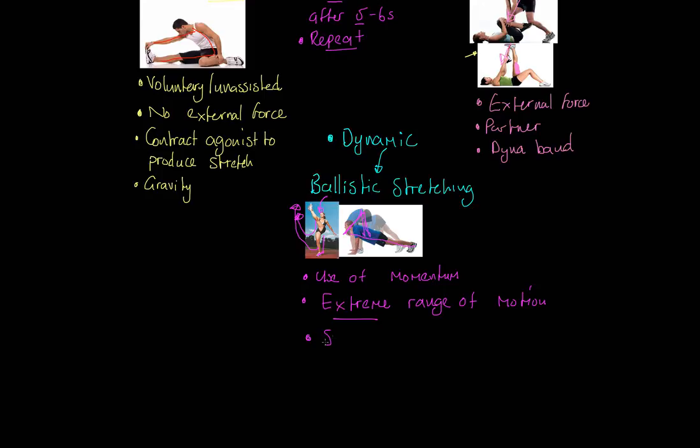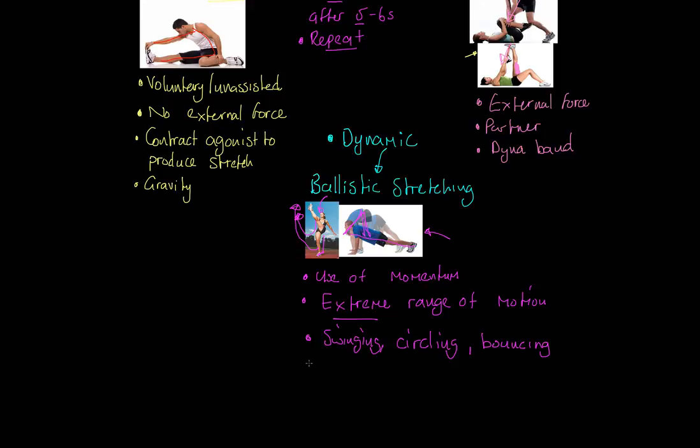It tends to involve swinging, which we've just looked at with the leg, or circling, like circling the arms at the shoulder really fast. And it can also be bouncing, and we see that with the guy in the image over here. It's kind of a bouncing action.